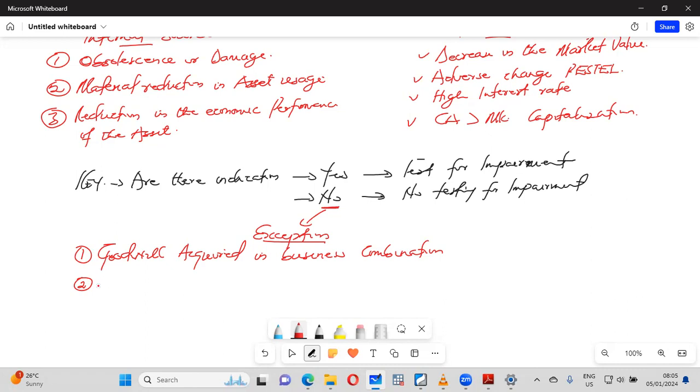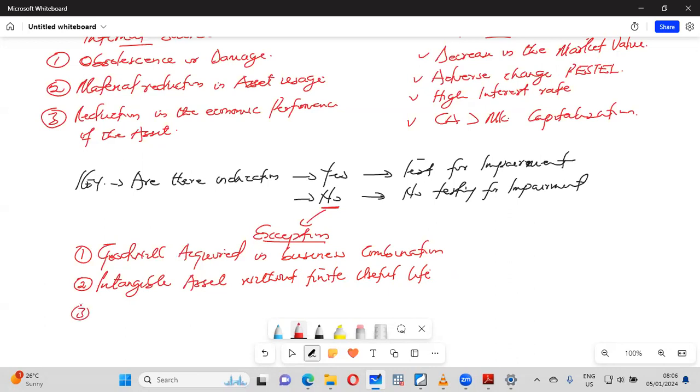So you have to understand that intangible assets without a finite useful life are also tested for impairment. Even though there is no indication, it's still tested.